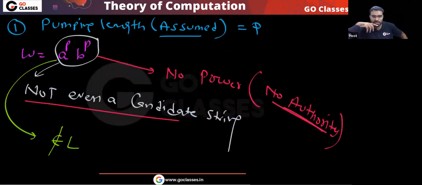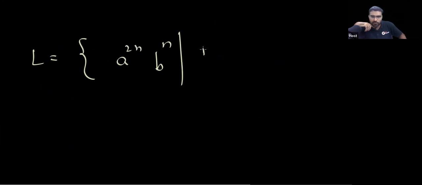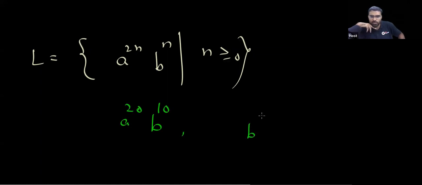In your language, whatever number of B you have, the number of A is double that. For example, if I take B equal to 10, then A will be 20. If I take B equal to 90, then A will be 180. If I take B power 7, then A will be 14. So this type of strings you have.